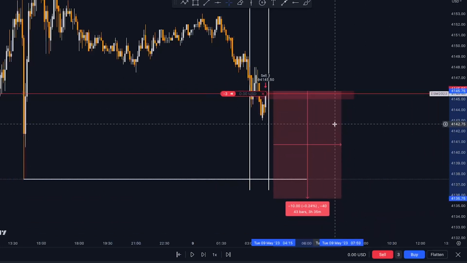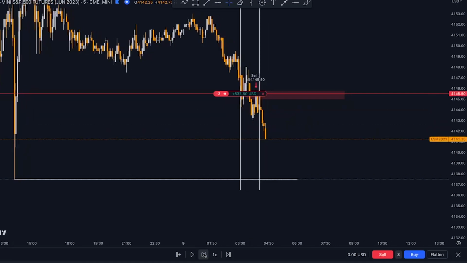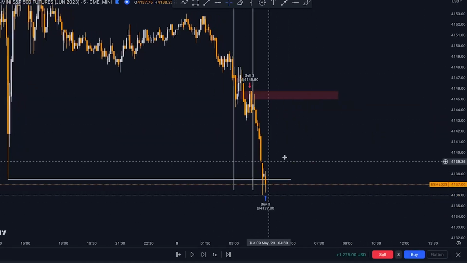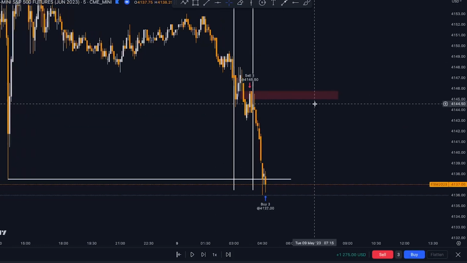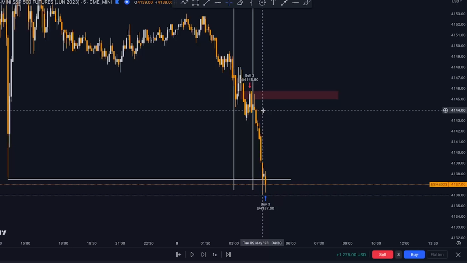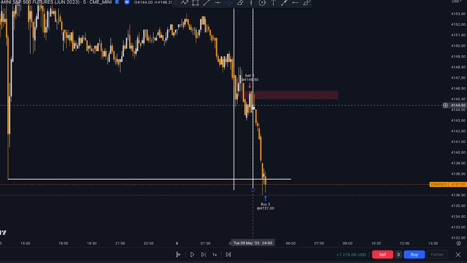So here we can see 10 handles are possible. So let's see how this plays out. And we got filled right here, also 10 handles, and it's simple like that. And you can see that the trade played out after the 4 AM range.